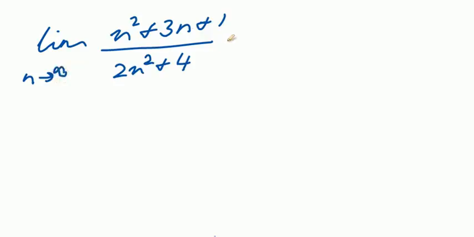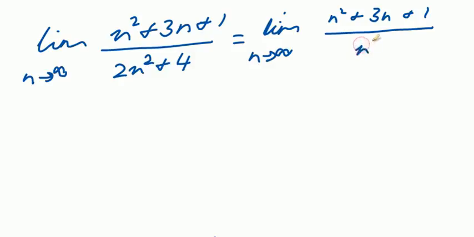We don't know. So we divide the numerator and the denominator by n square. So we get the limit as n tends to infinity of n square plus 3n plus 1 upon n square, divided by 2n square plus 4 upon n square.